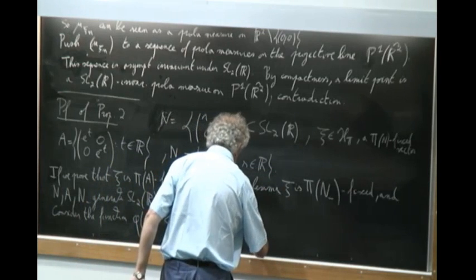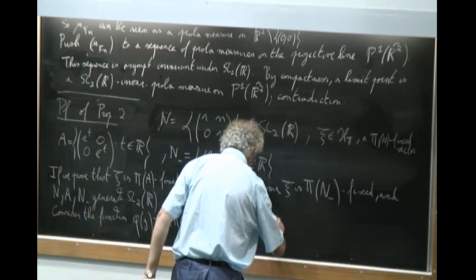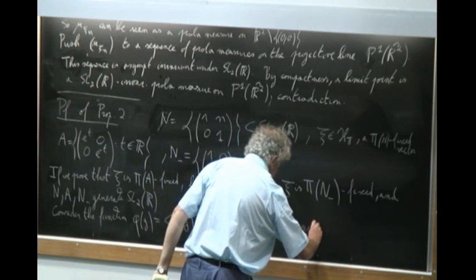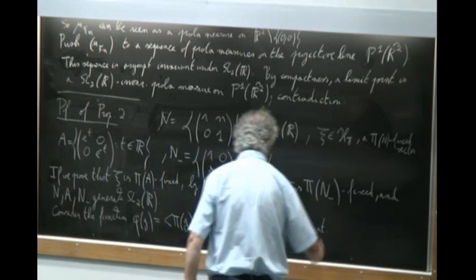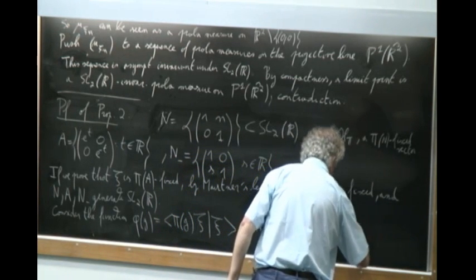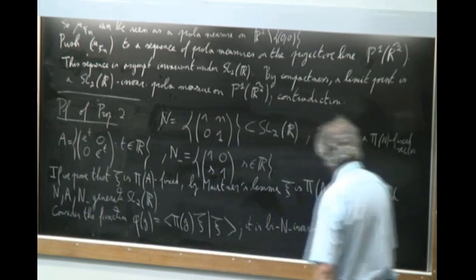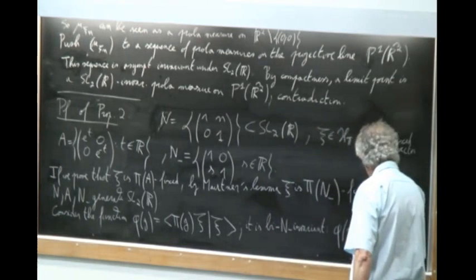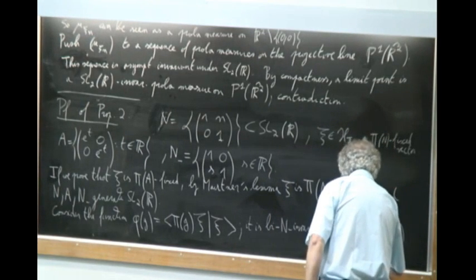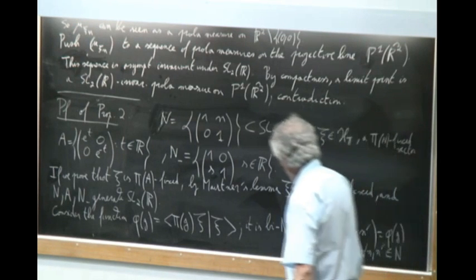And the first remark is that this function is n bi-invariant. Namely, if we multiply on the left by some element of n and on the right by another element of n, so if we consider phi of n g n prime, this is phi of g. So for every n and n prime in the upper unipotent.